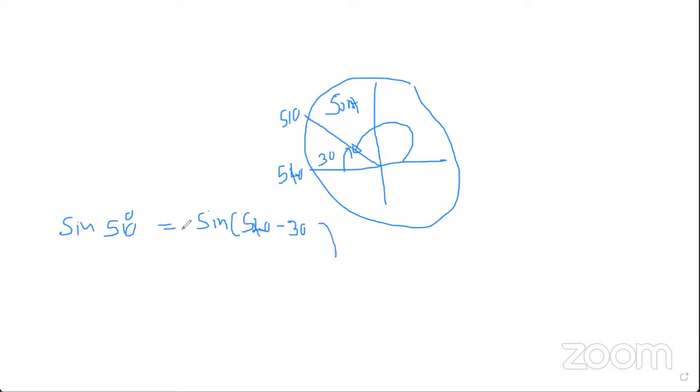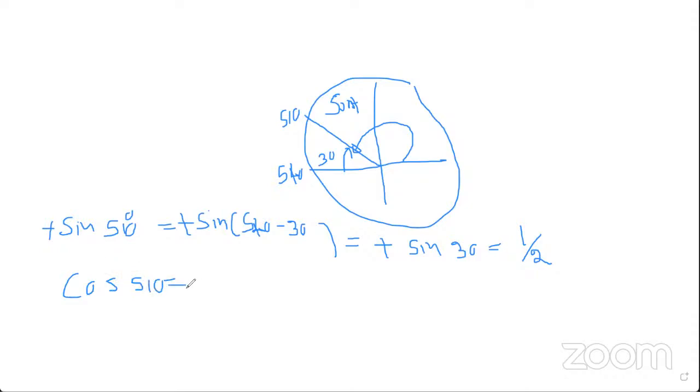Since it is the second quadrant, sine is positive. And this is what? Positive sine 30. It will be half.